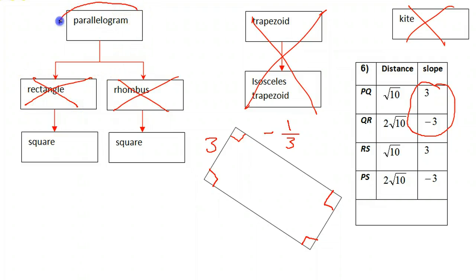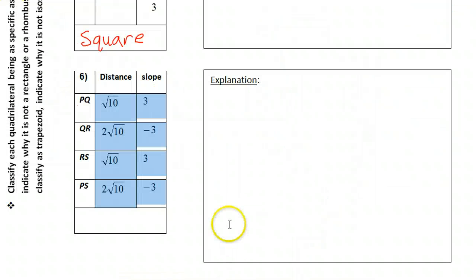That means our best classification is parallelogram, and we just have to mention why it's not a rectangle and not a rhombus. Okay, so we're going to say it is a parallelogram.